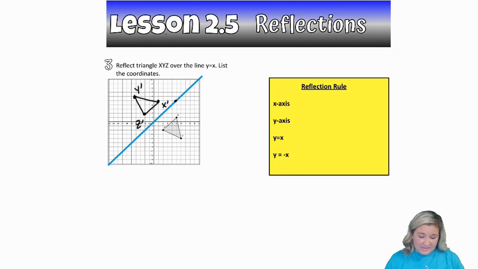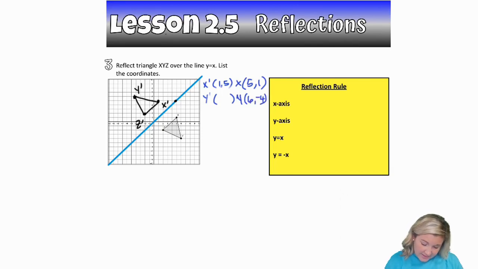So let's list these because this one is a big one that you want to pay kind of close attention to as far as when you're looking at these. So x prime is at 1, 5, but regular x is at 5, 1. It's interesting. Okay, let's look at y. Regular y is at 6, negative 4, and y prime is at negative 4, 6.